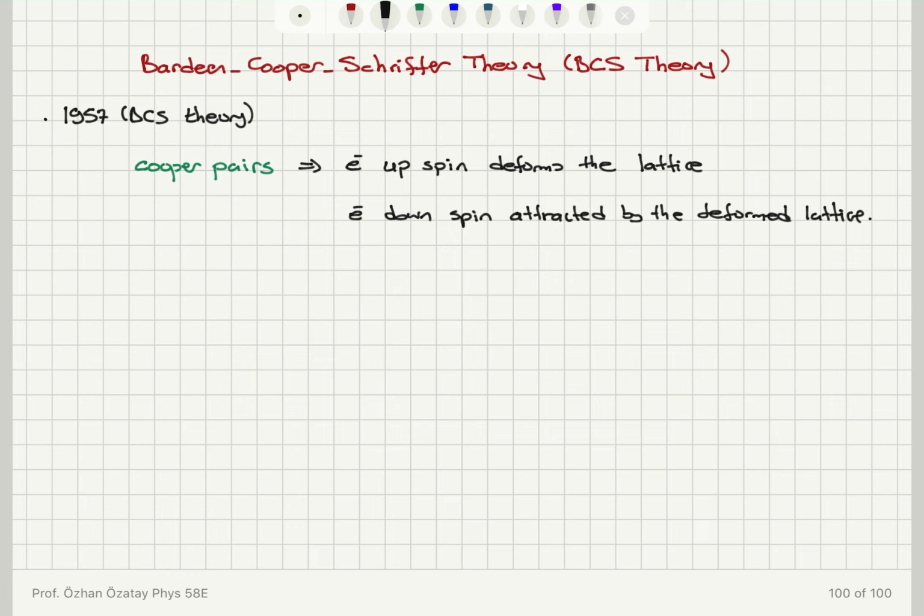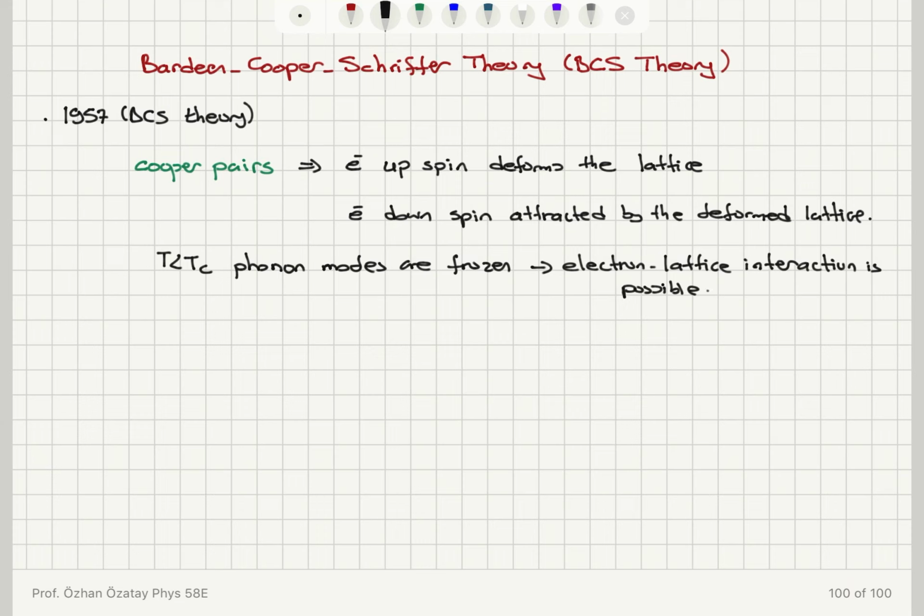If the temperature is low enough, then the phonon modes are frozen, so the atomic vibrations are minimized, so that this electron lattice interaction is possible. So for T less than Tc, phonon modes, lattice vibration modes, are frozen, and we see that direct electron lattice interaction is possible.